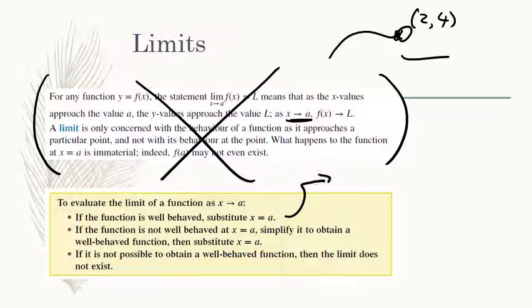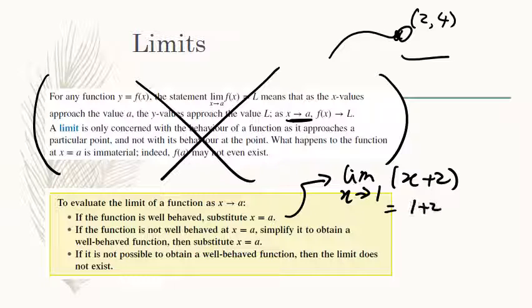So for example, if you had to find the limit as x goes towards 1 for a really simple function, x plus 2, you would just substitute 1 in, so 1 plus 2 giving you a 3. Fairly simple, you're just substituting.